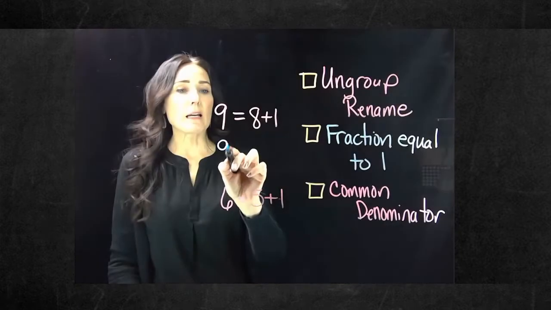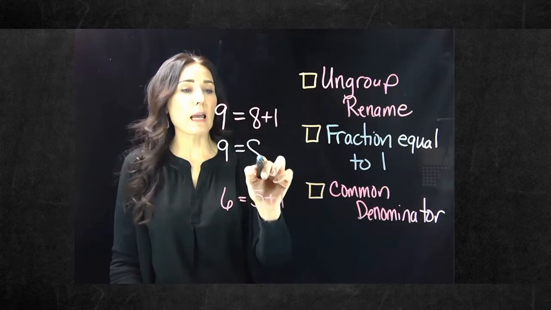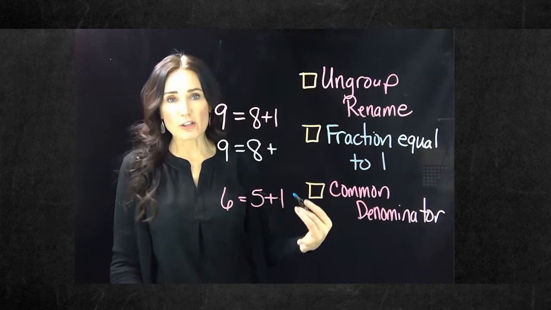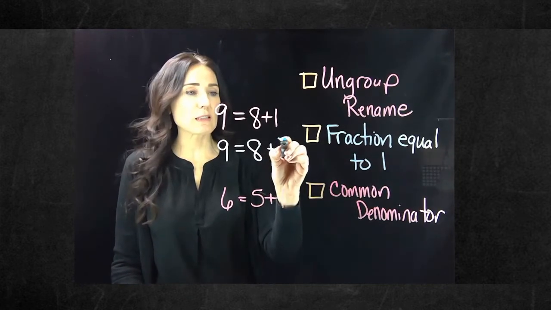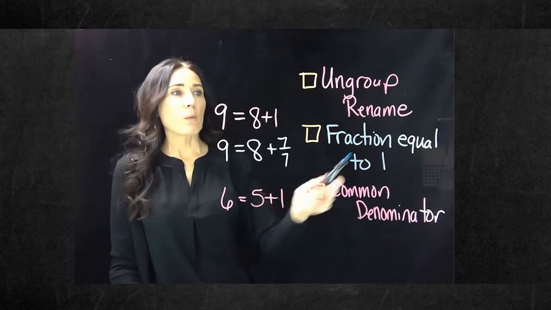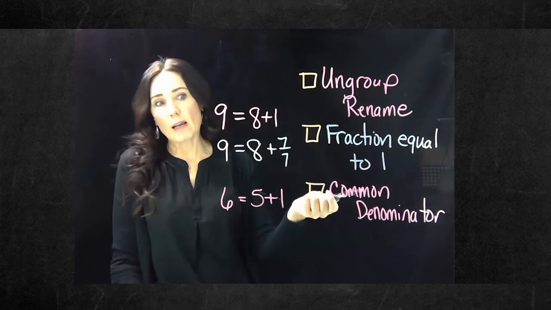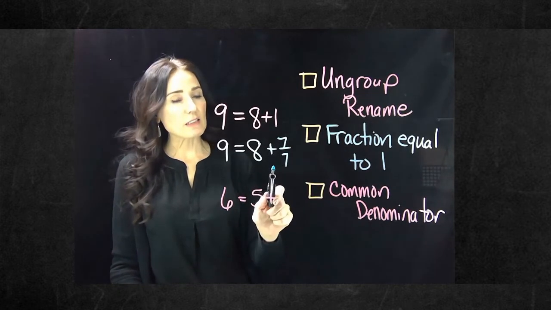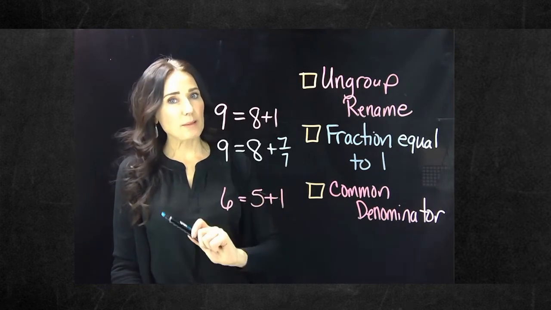So we would say 9 still equals 8 plus, and we could use any fraction that is equal to 1. So let's just say 7 out of 7. This is another way of ungrouping and renaming. We'd say 9 equals 8 plus 7/7, which is the same as 9.